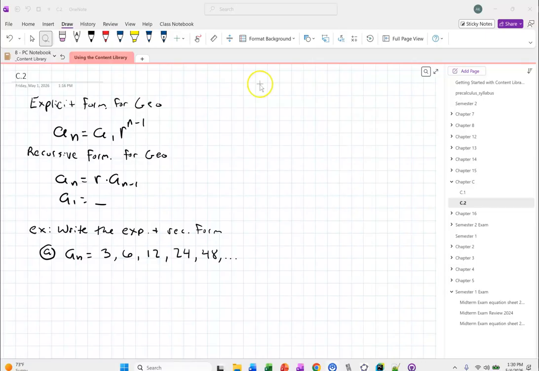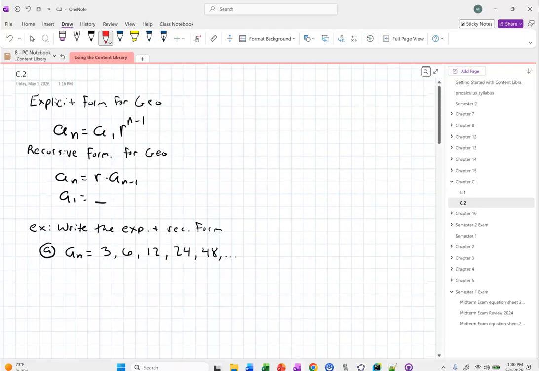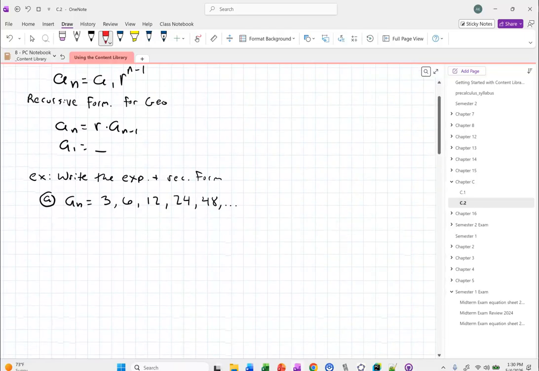So let's take a look at an example here and practice writing the explicit and recursive formulas for this sequence: 3, 6, 12, 24, 48. First thing we should do is determine what type of sequence it is, because the formula we'd write for arithmetic is very different than the formula we'd write for geometric.